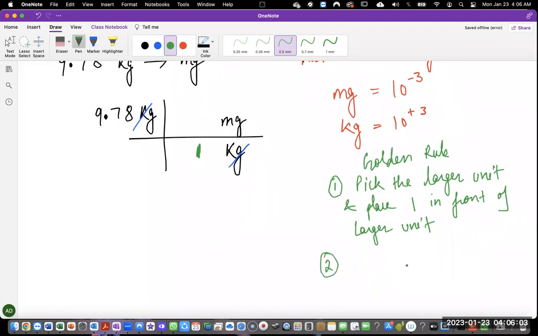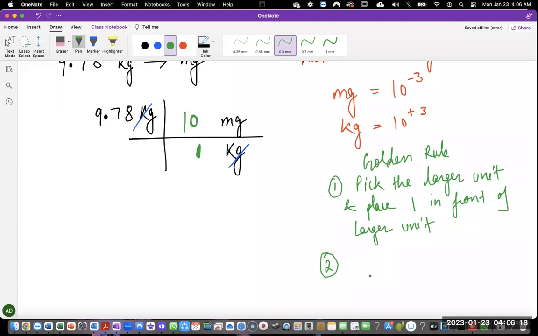Now let's learn the second step. The second step is you will figure out what number should go here. So like this should be 10 to the power how much? That how much is coming from rule number 2.